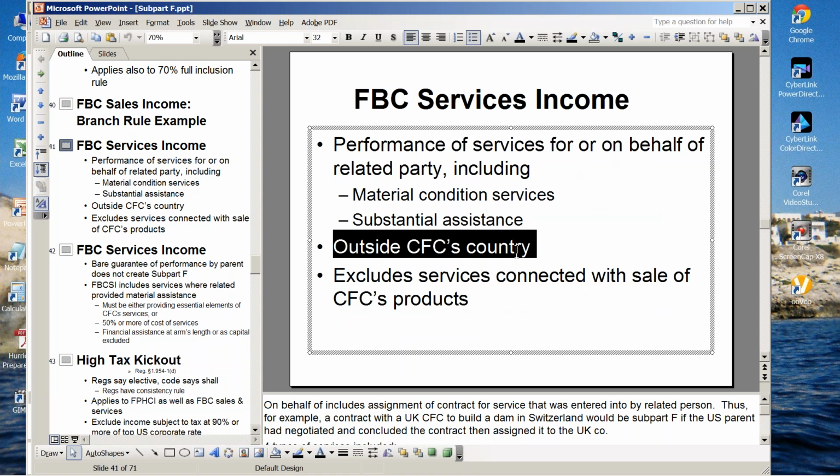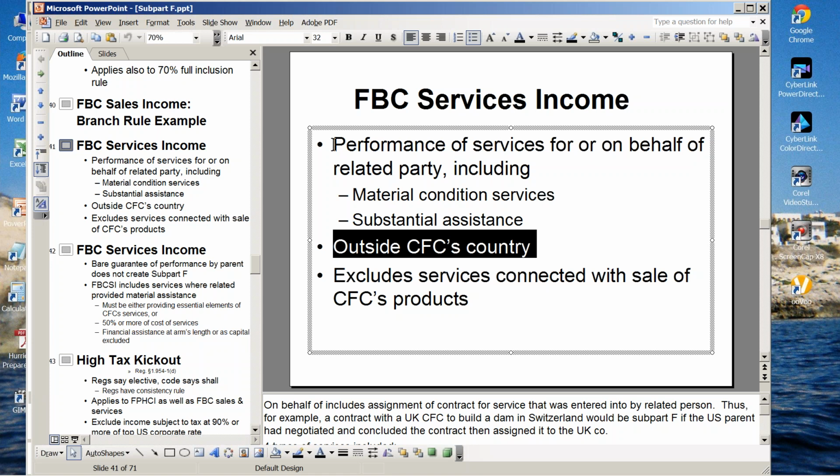So the services income is income from performance of services for or on behalf of a related party outside the CFC's country of incorporation. Several things are included in here that you might think, oh, that's not really on behalf of. And it's those things that get included that can trip you up. So let's go through some of these pieces a little bit at a time.